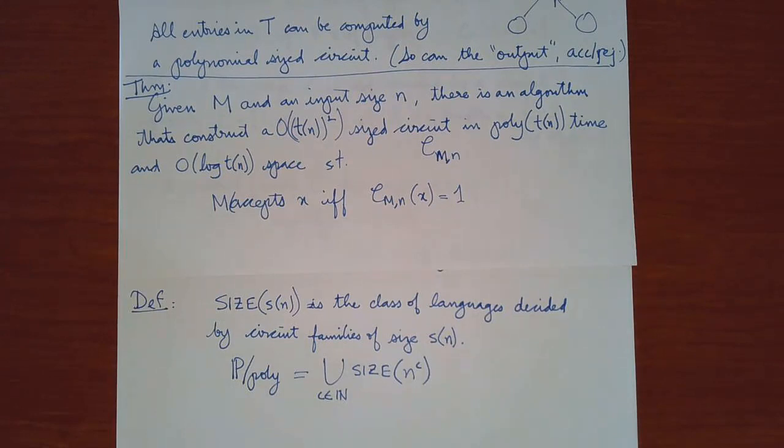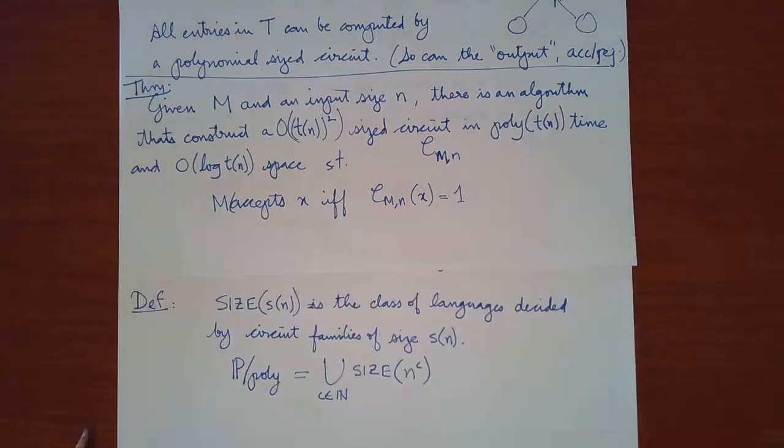Can you relate P/poly to any known classes that we have now? Seems like P is in P/poly, right? It's even better, because for P/poly we merely want the existence, and here we even have an algorithm that computes the circuits for us.